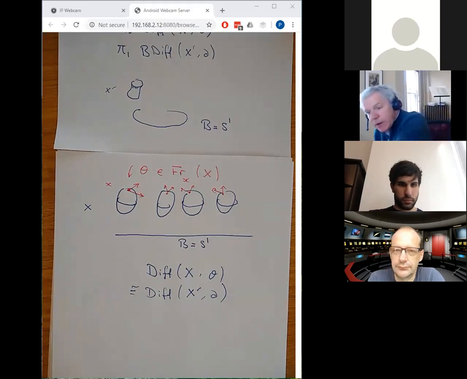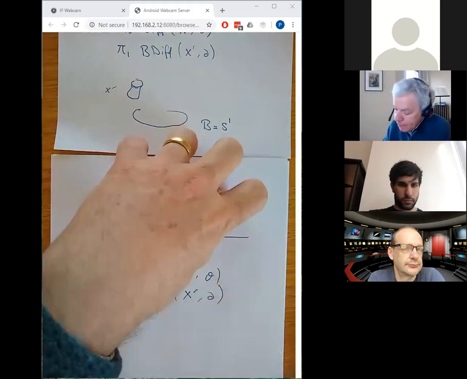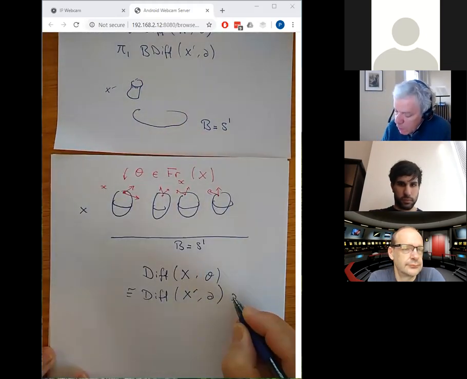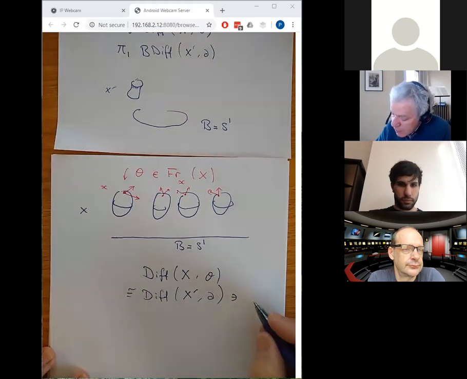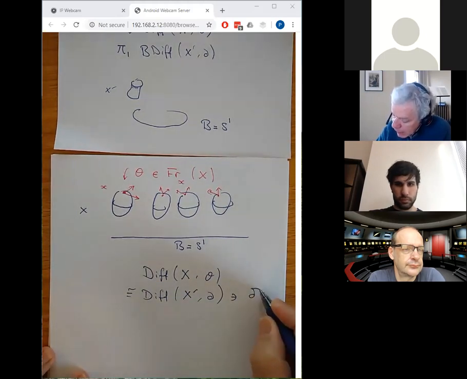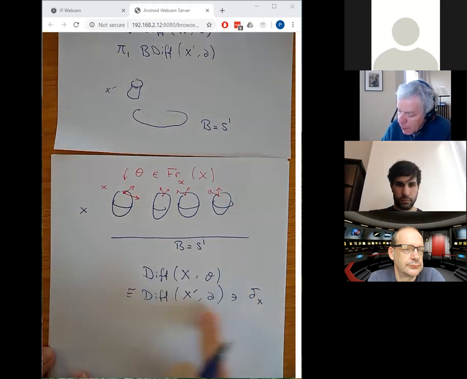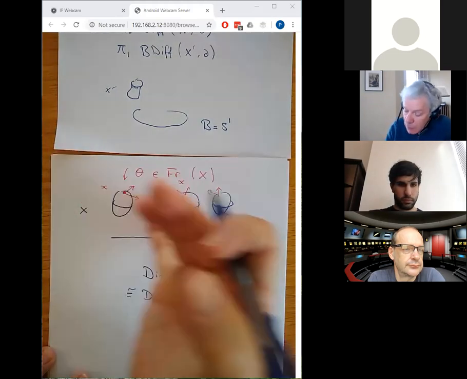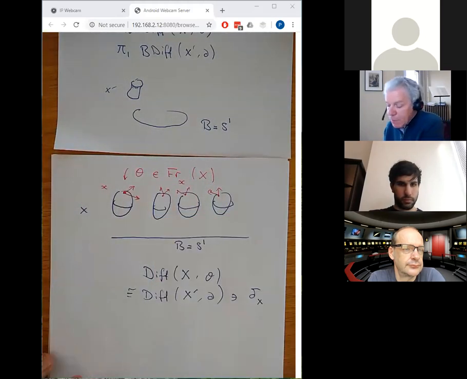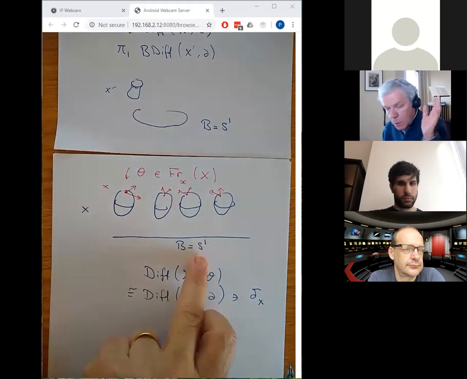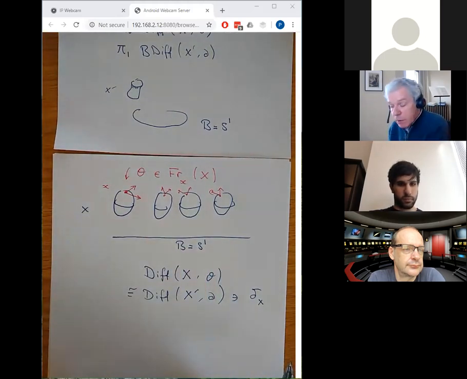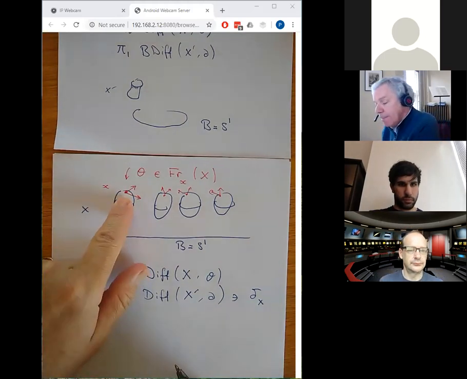So when interpreted as a family, what is this? In the component group of here is this Dehn twist on the boundary. What family does that correspond to? That corresponds to a family of manifolds over the circle where X is not moving, it's just a trivial family of X's. This base point, little x, is not changing.